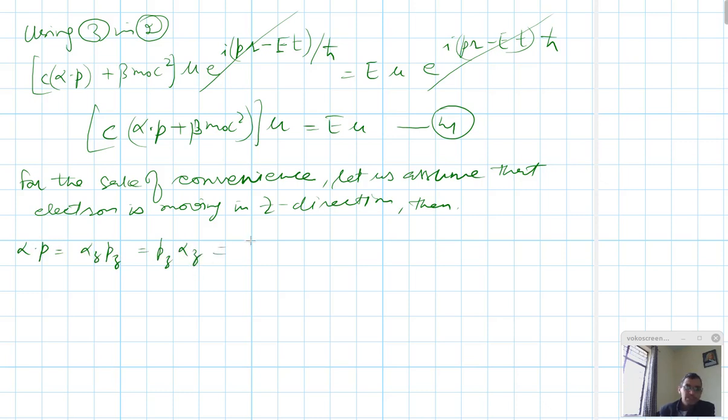If I put its value, it is 0 sigma z, sigma z 0, where sigma is a Pauli matrix.